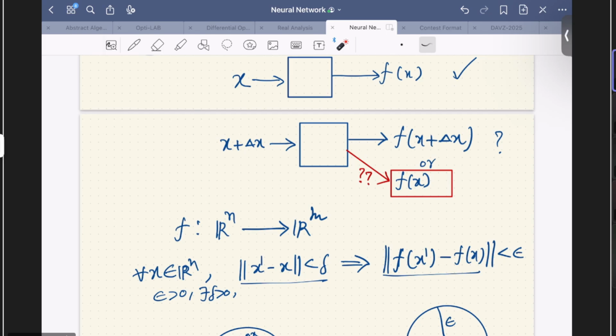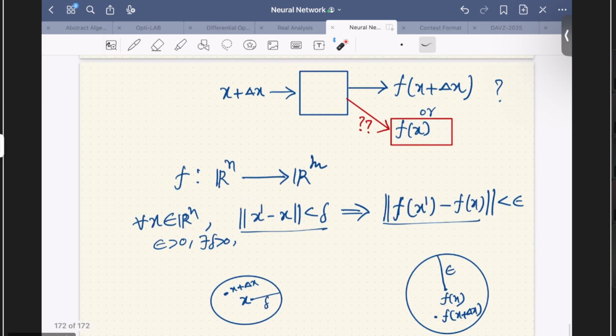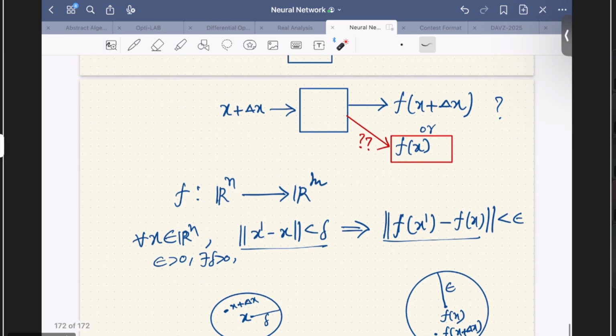How can that happen? Like the activation function maintains the same f of x. Even how long I should maintain it, that is also a thing, the thresholds.